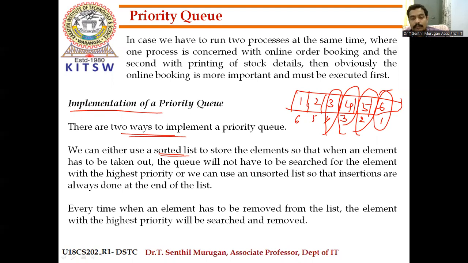In case we want to insert, when a new element comes, we have to check its priority. For example, a new element with priority 2 is coming. We check the priority first: here 1, here 2, here 3. So 3 is a higher value than this one, so before this we have to insert this. Then we insert like this.